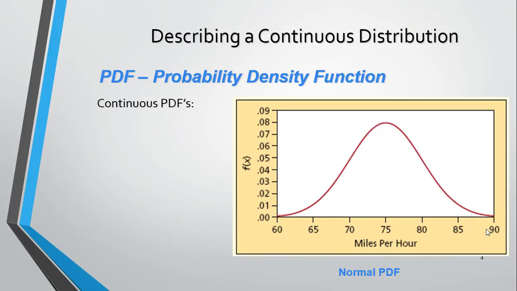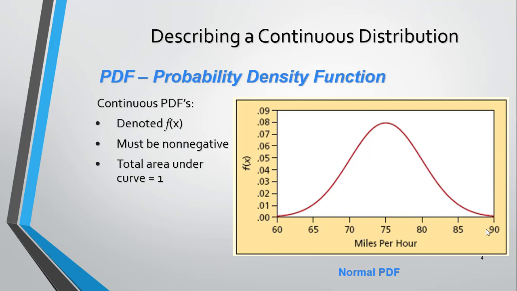For the probability distribution function, the continuous PDF is denoted by f(x), the curve f(x), and must be non-negative, meaning probabilities cannot be negative. But the total area under the curve must be 1.